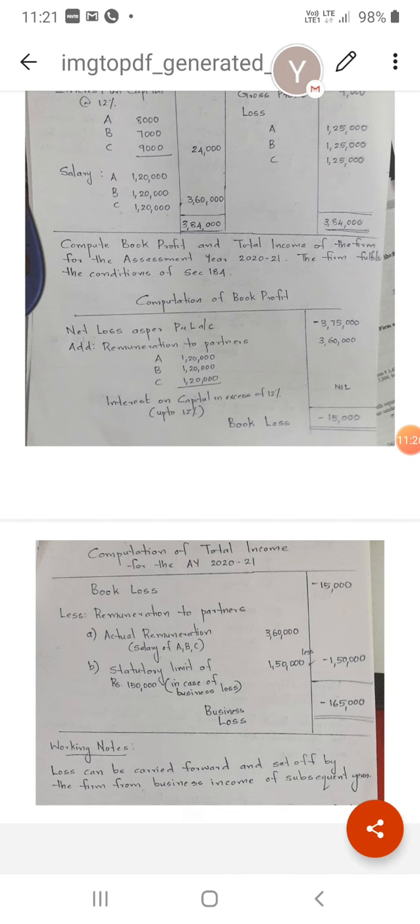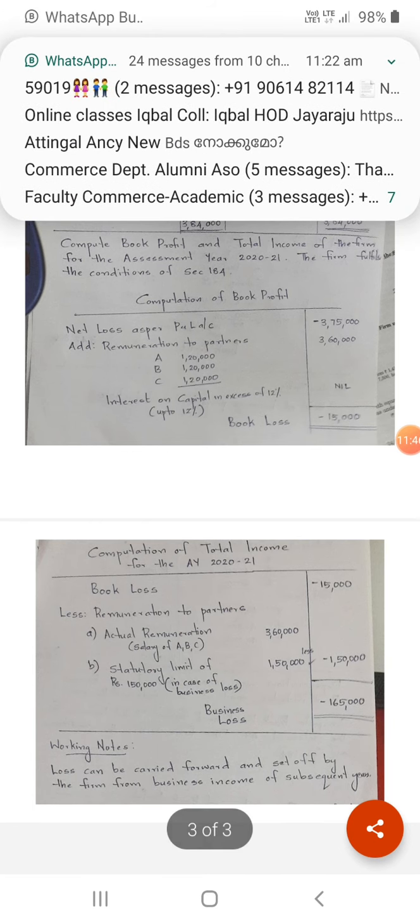Then comes the second case. What is the second case? The statutory limit under section 40(b). How can we compute remuneration under section 40(b)? On the first 3 lakh rupees, 1,50,000 or 90% of book profit, whichever is more. And for the balance of book profit, 60%.